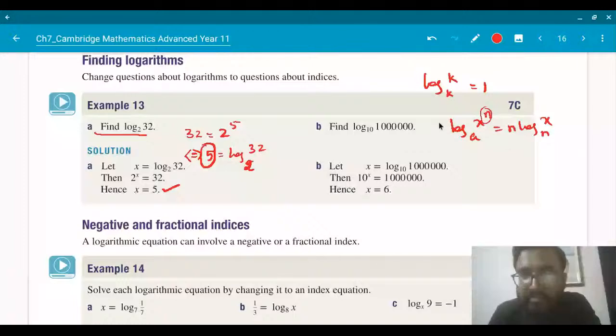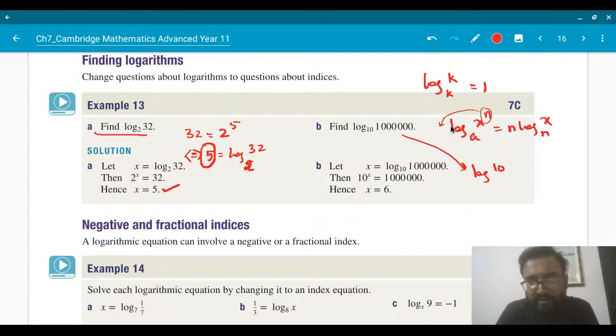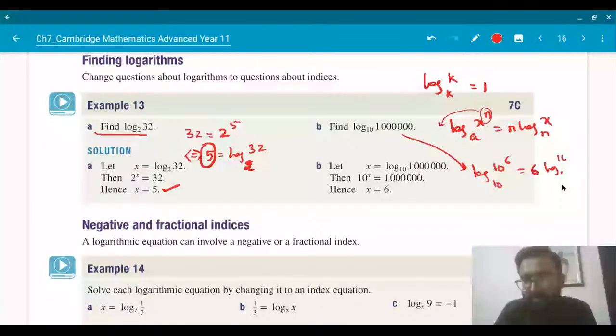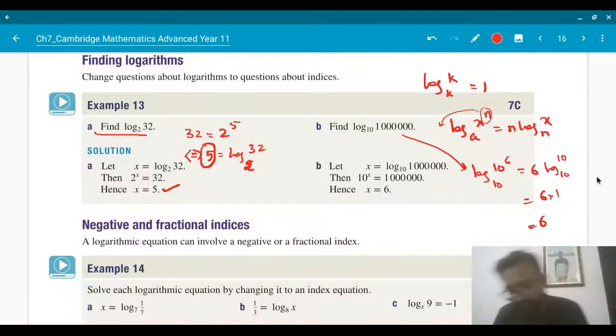Then you can simplify. For example, log 10 power 6 base 10 comes to 6 into log 10 base 10. When the log and base values are the same, it is 1, so the answer is 6. There are several other techniques to simplify logarithms and exponents.